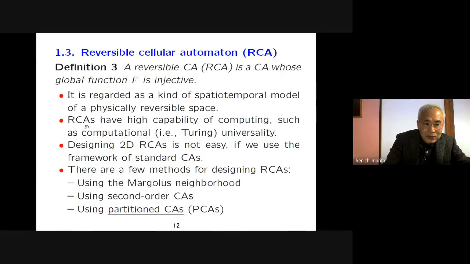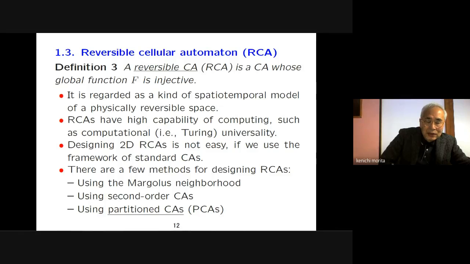RCAs have high capability of computing, such as computational universality, and so on. However, designing two-dimensional RCAs is not so easy if we use the framework of standard CAs.